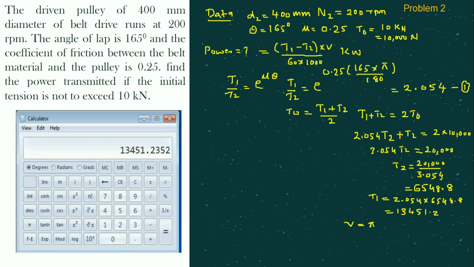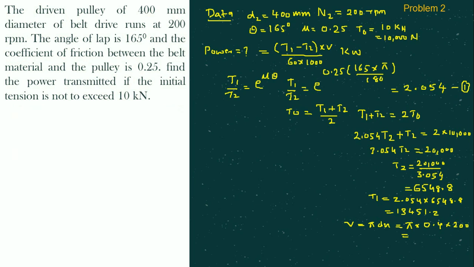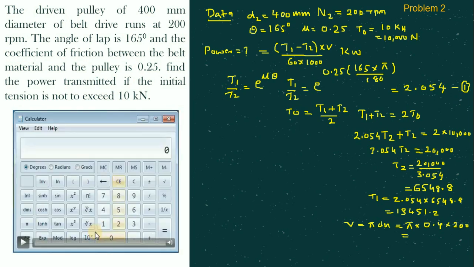So now we know the T1, we know the T2. The only thing now we have to calculate is the velocity V, which is nothing but pi D N. In this case it is pi into the value given here, 400 mm. Convert it into meters, that is 0.4, and RPM is given, that is 200. So let's calculate this value also.